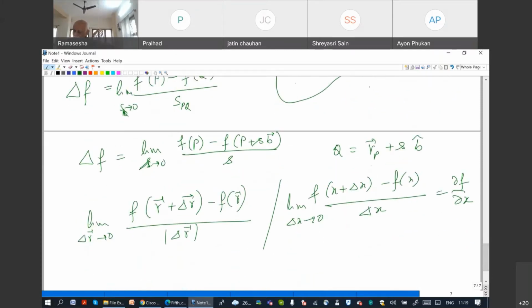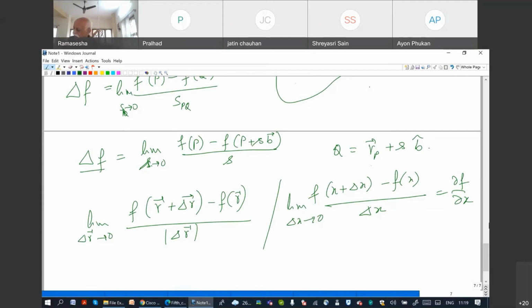So what is delta R? Delta R is nothing but S, because B is a unit vector. Okay, P minus Q is just S times B, and the length of B is 1, so it is just S. Is it clear now? Oh, okay.